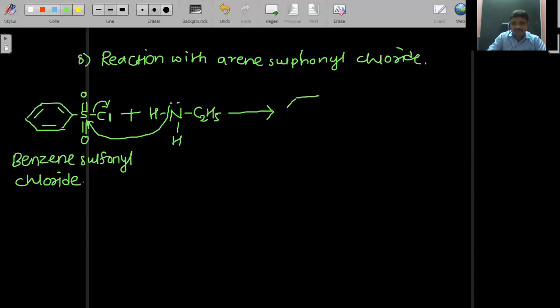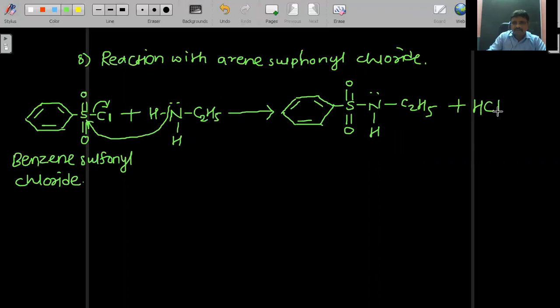So here, double bond, double bond, double bond. Here S double bond O, double bond O. Here nitrogen is attached to the sulfur. Nitrogen is now attached to C2H5 and one hydrogen atom plus HCl is the byproduct.